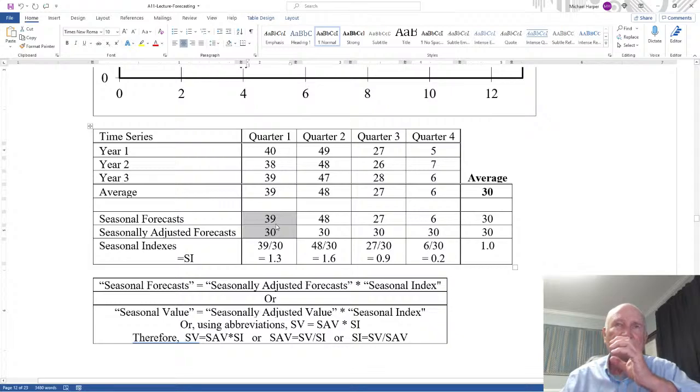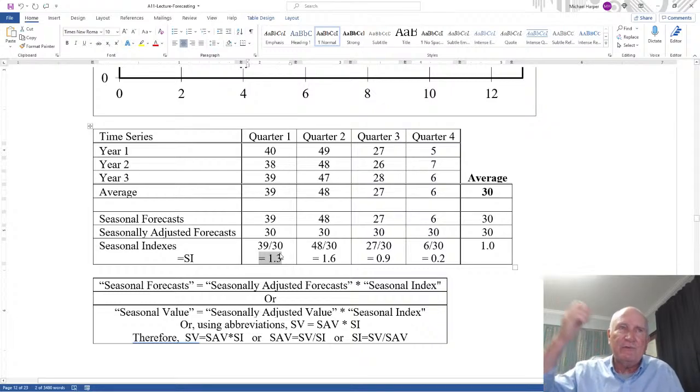I can also express that increase as an index. So if I take 39, divide by 30, I have a seasonal index of 1.3, which means that my seasonal forecast is 30% greater than my seasonally adjusted forecast. So seasonality essentially increases the value by 30%.